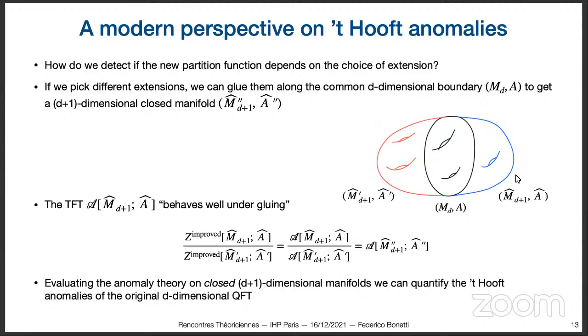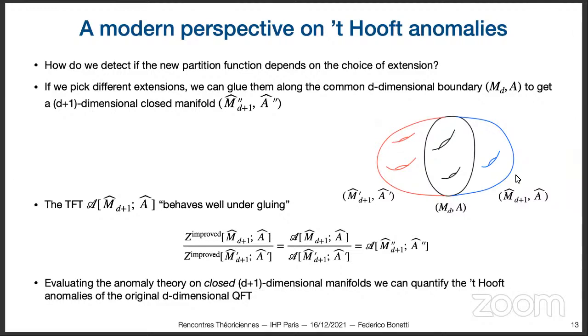And indeed, so now we find ourselves in a situation where gauge invariance is not an issue anymore, but we have spurious data. But then there is also a natural way of measuring this dependence. If we were to choose a different extension, like the blue versus the red, then we can just glue them together with a flip of orientation along their common boundary, and we will end up with a closed D+1 dimensional manifold.